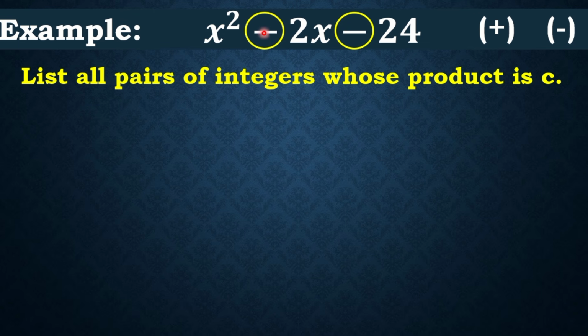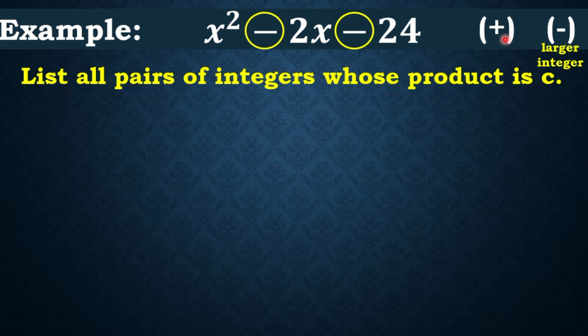Since ito ay minus, ibig sabihin, dapat yung mas mataas na number mo, yun ang negative. Kasi dito ka titingin. Ulitin ko. Kapag ito ay minus, ito ang magiging palatandaan mo na ang integers mo dapat magkaiba ng sign.